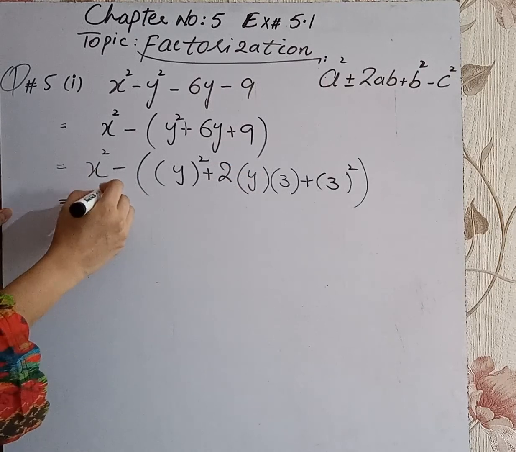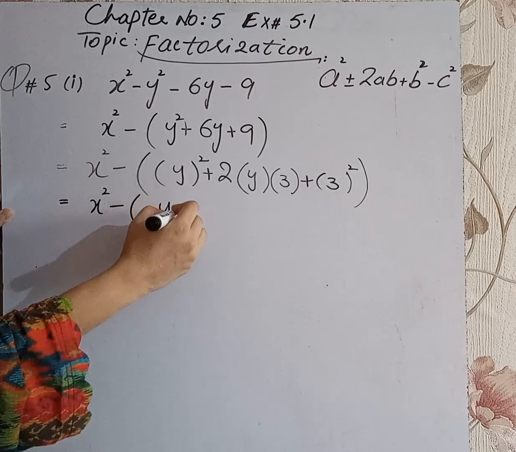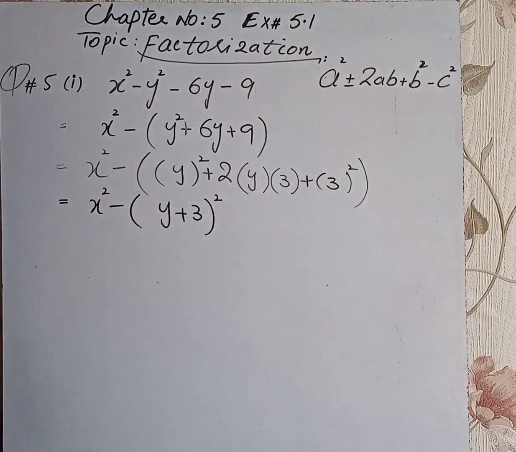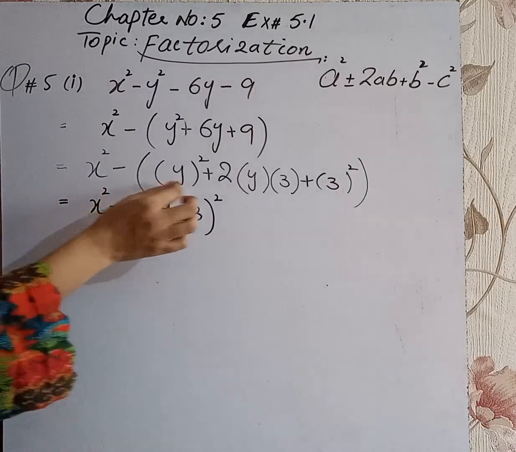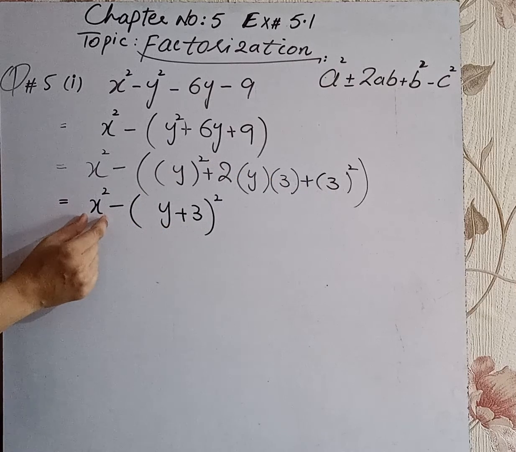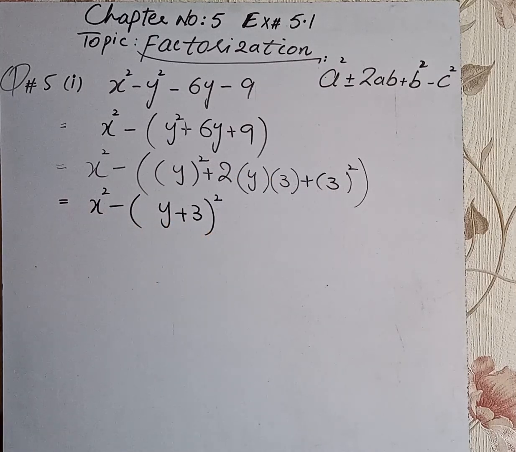x squared I will write as it is. Here it will be closed as y plus 3 whole squared, as this is a plus b whole squared, so a is y, b is 3 here. Now you can see here are two terms, one is x squared, other is y plus 3 squared.